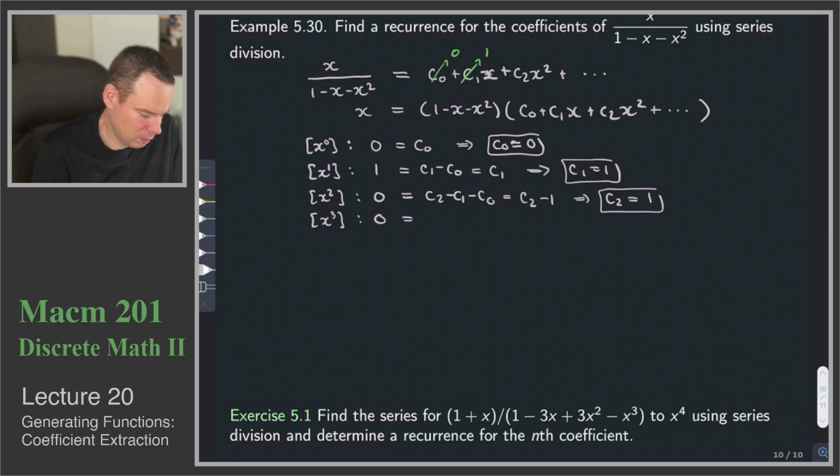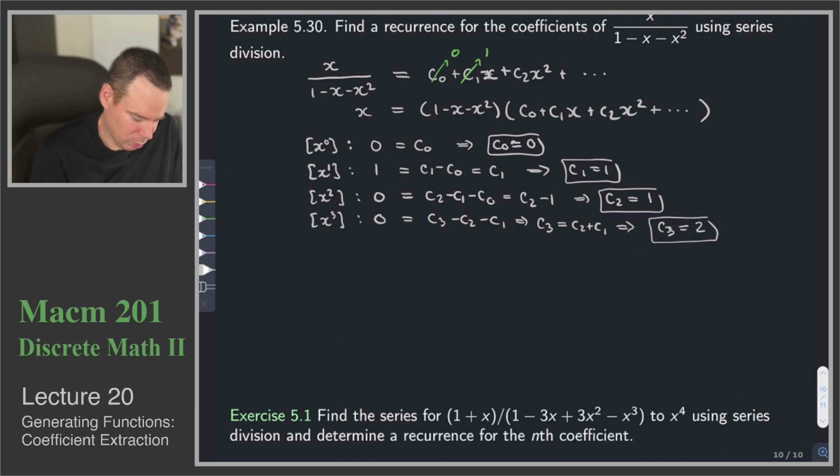Coefficient of x cubed, that's 0. On the other side, it would be c3 minus c2 minus c1. Or in other words, I'll write it this way because it's starting to show a pattern here. This equation, if I just solve for c3, it becomes c3 is equal to c2 plus c1. Oh, and that would then be telling me that c3 is just 2.